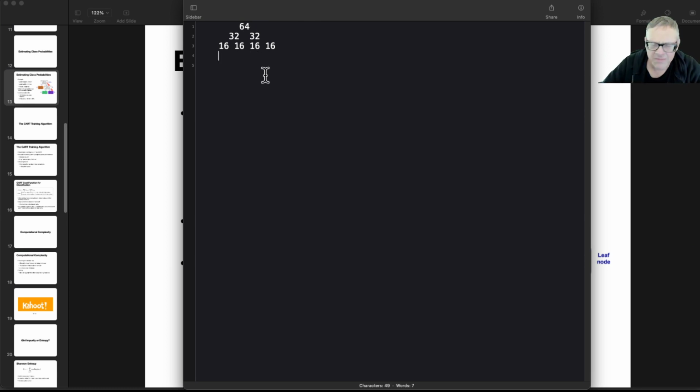I think this is the worst case, where each split gives you the minimum value. Then the next row, I'm going to have 8 times 8 for each one. In the next row, I'm going to have 16 with 4 in each one. Next row, I'm going to have 32 with 2 in each one. And the last row, I'm going to have 64 with 1 in each one.